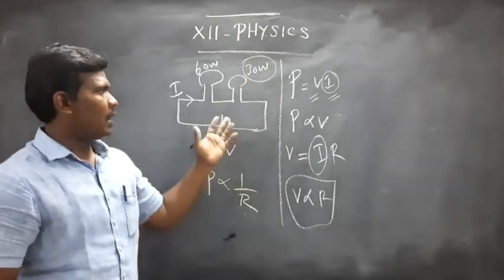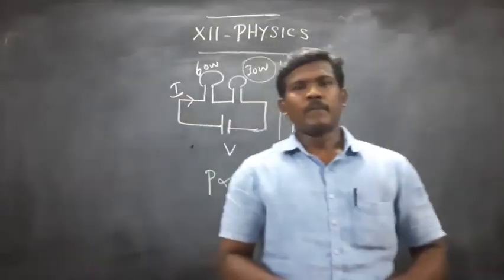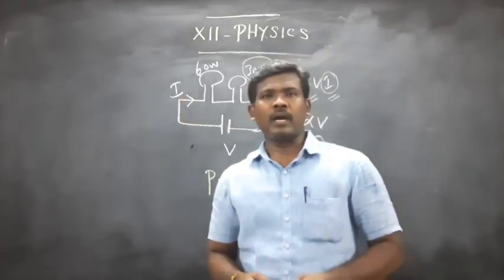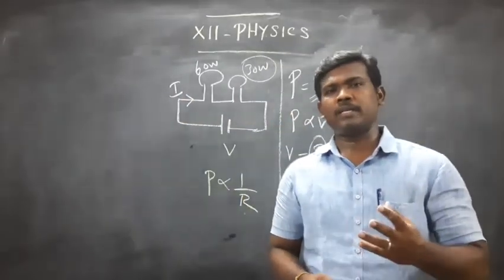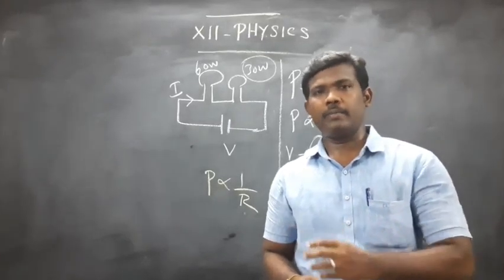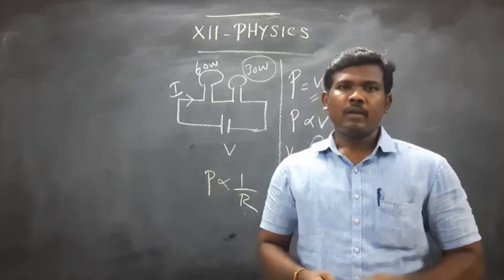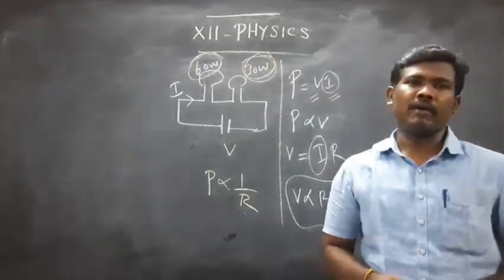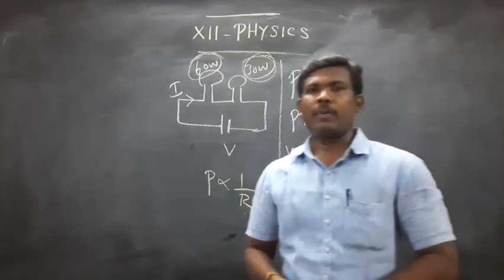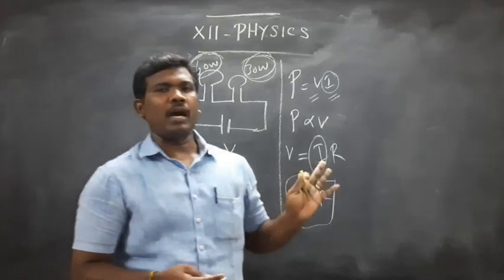From the two cases, parallel and series combination, we can conclude one thing: whether a bulb glows brighter or dimmer does not depend upon the power value. It depends only on whether the connection is parallel or series.